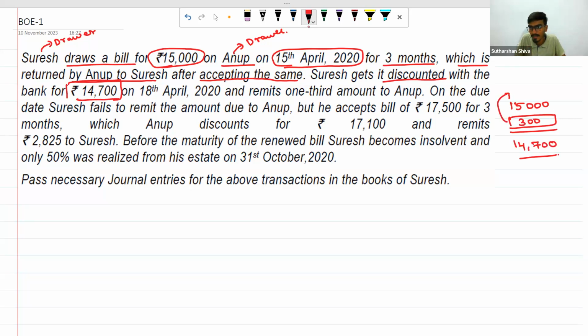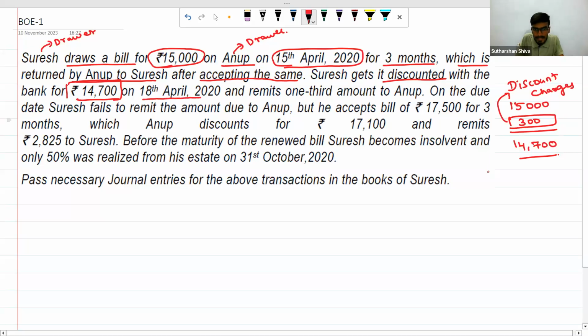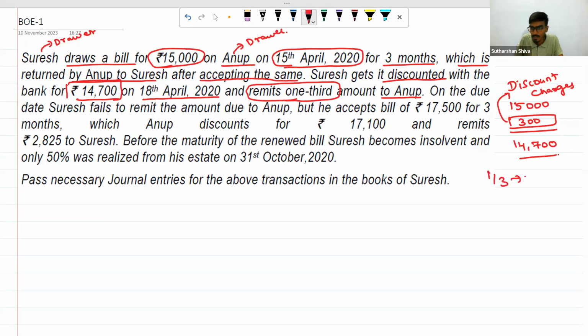This 300 will act as discount charges by the bank. On 18th April he is doing this and remits 1/3 of the value to Anup. Remit is going to be 1/3 value. We have taken the notes.